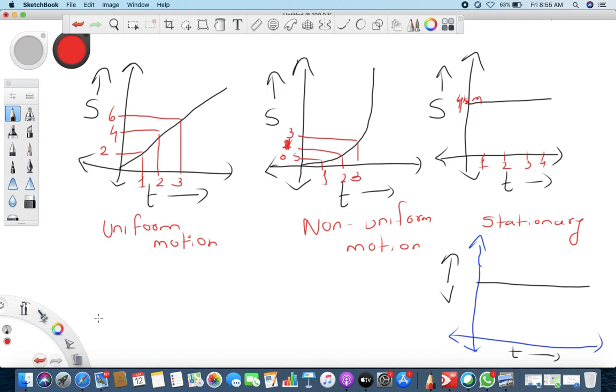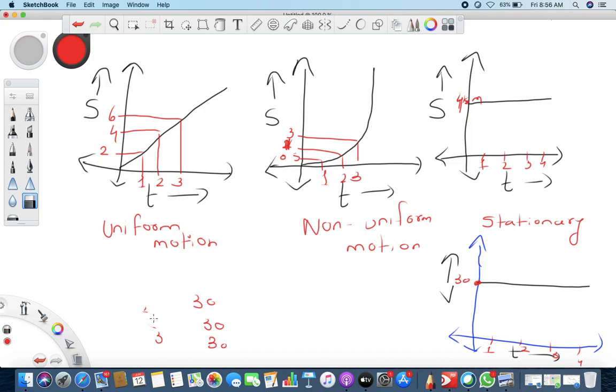The time is increasing, but the speed is not increasing. Let's say this speed is 30 km per hour. At 1 hour the speed is 30, at 2 hours the speed is 30, at 3 hours the speed is 30. The speed is not increasing or decreasing.